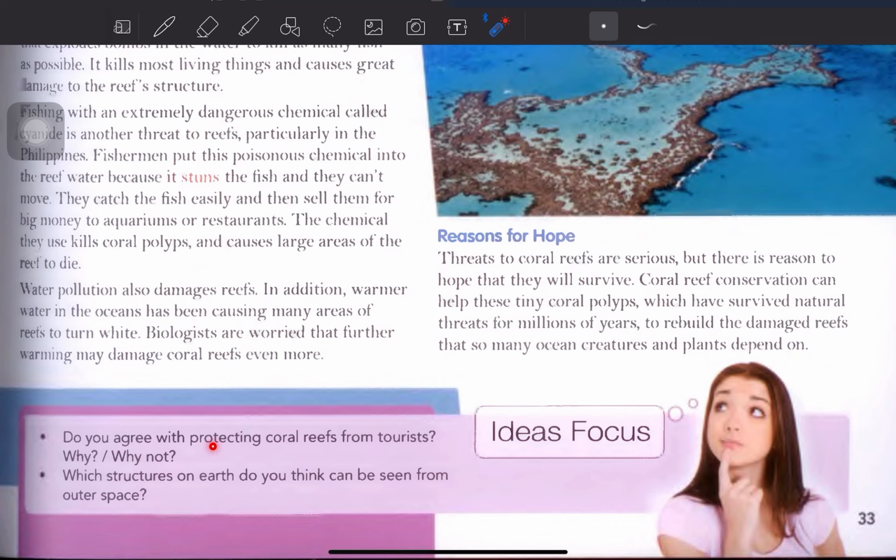Adakah kamu setuju dengan penjagaan ataupun penjagaan terumbu karang daripada pelancong-pelancong? Kenapa ataupun kenapa tidak? Okay, which structures on Earth do you think can be seen from outer space? Struktur bangunan yang manakah daripada bumi ataupun di bumi yang kamu rasa boleh dilihat daripada ruang angkasa?